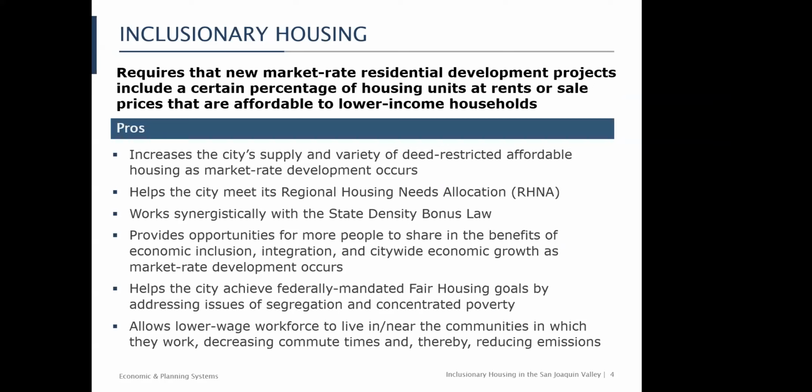And by affordable, what we mean here is that households won't spend more than about 30% of their household income on housing related expenses. As a theoretical example, if a jurisdiction has a 10% inclusionary requirement and a developer proposes a 20 unit project, 10% of those units, or 2 of them, would be set aside as affordable.